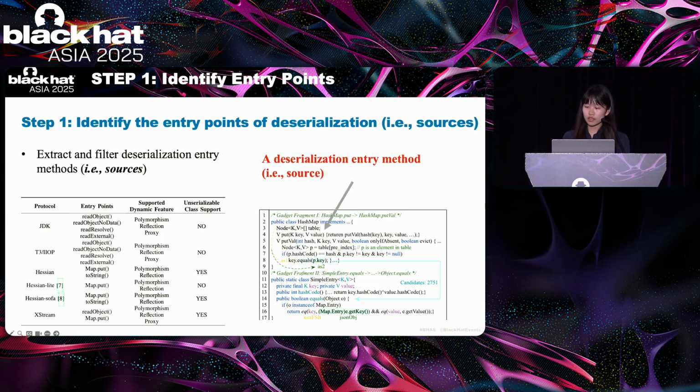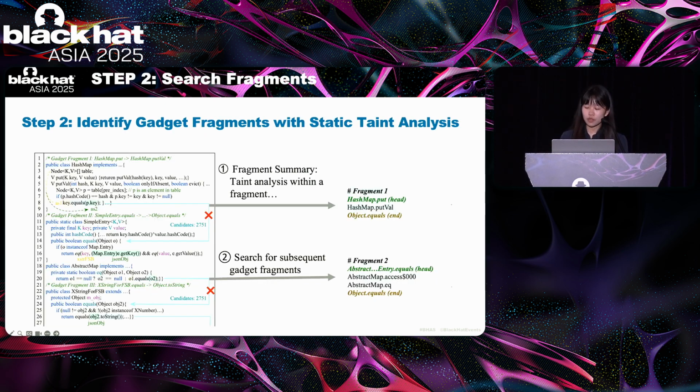For this motivating example, we first identify the deserialization entry method as the put method of HashMap. And in step 2, JDD will use static analysis to detect useful gadget fragments that could be chained together to construct the gadget chain from the source.